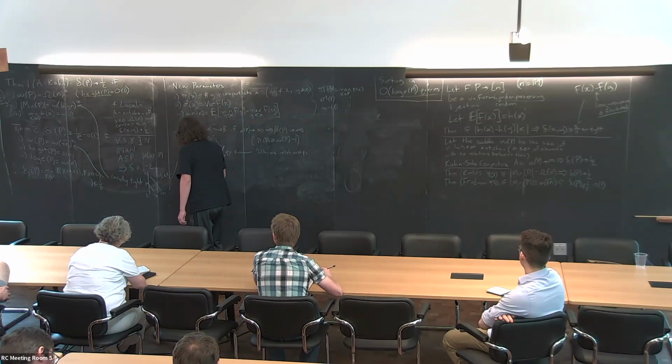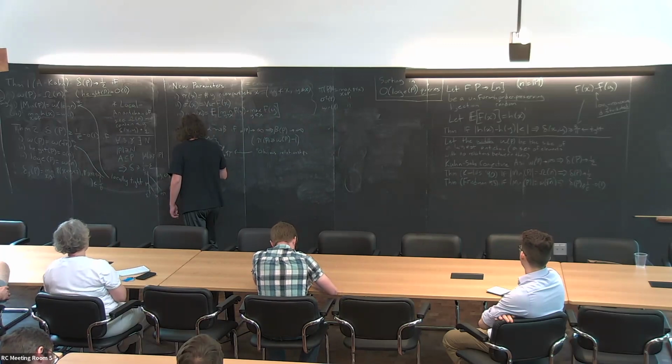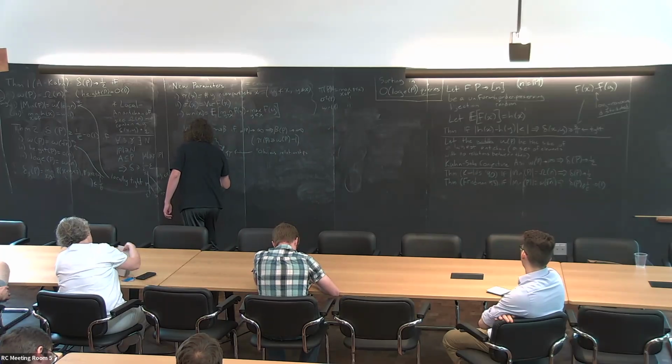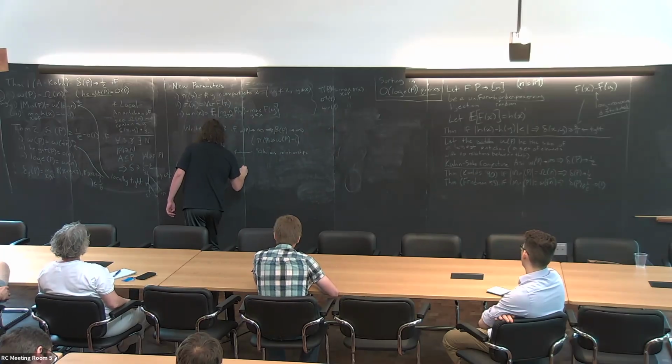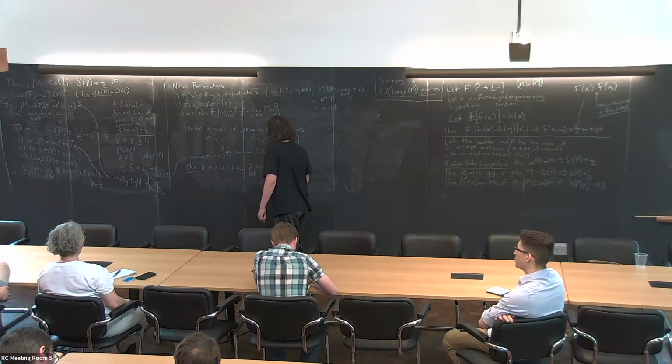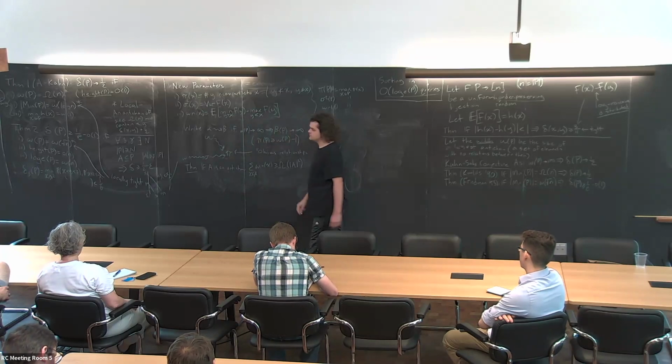Specifically, we showed that if A is an antichain, then the sum of all the windows of X for X in the antichain A, not in P, is omega of the size of A squared.